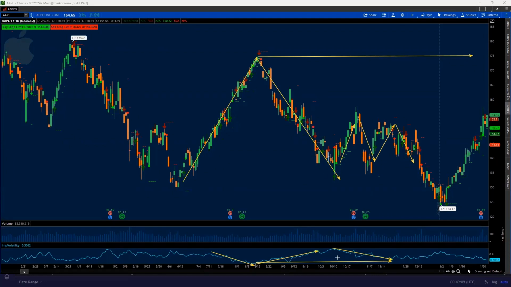So even though the stock didn't recover, if I had rolled a short put that was in trouble here when implied volatility was high during the sell-off, I can roll for a net credit. And even though the stock went into a sideways range for a couple months, implied volatility came back down. That allows me to capture premium on that rolling adjustment. So that's an example of using it on a short put.